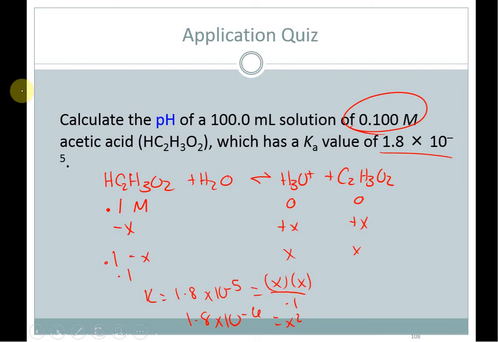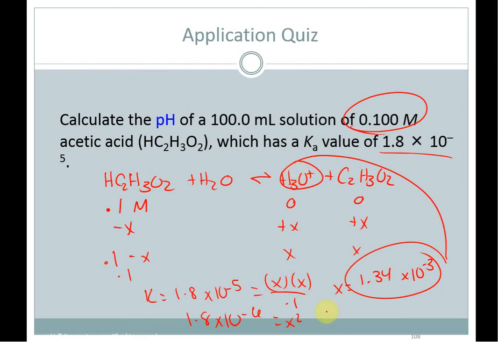If we take the square root of both sides, you should get something like x is equal to 1.34 times 10 to the minus 3. Now this is just the concentration of our H+. To find the pH, we need to take the negative log of that concentration, and you should get something like 2.8 or 2.87.